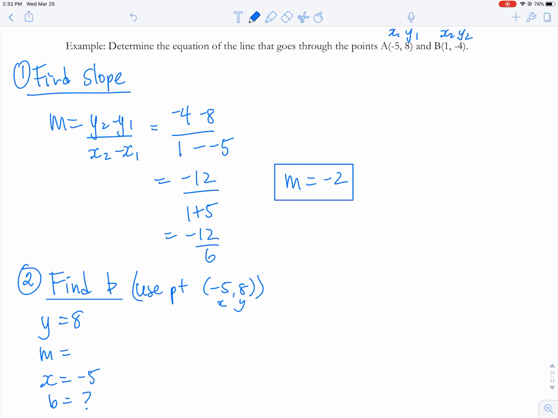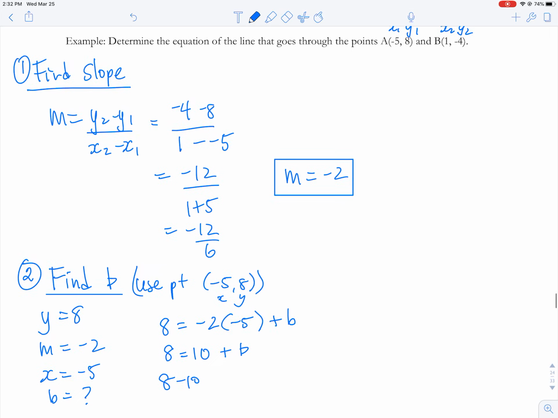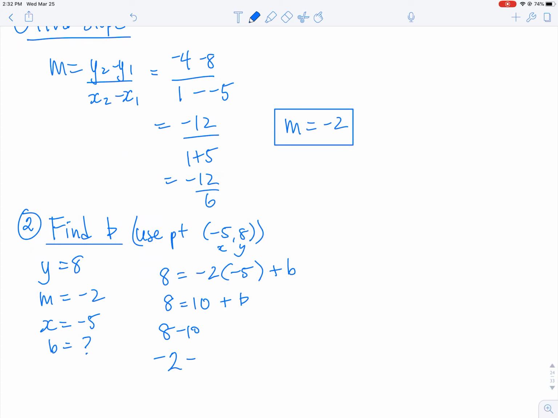So 8 equals minus 2 times minus 5 plus b. 8 equals 10 plus b. 8 minus 10, or minus 2, equals b. And my b looks like a 6 there. There. Now it looks a little bit more like a b.